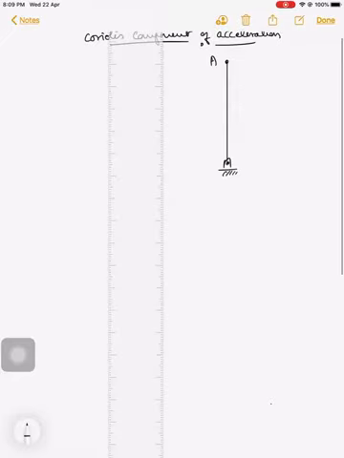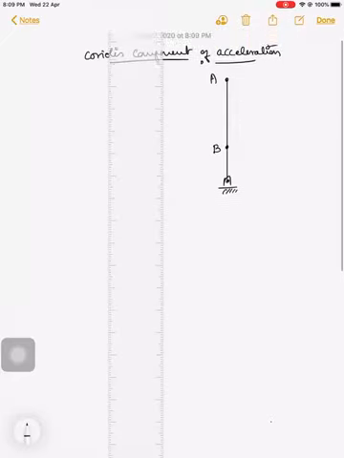On this link, consider a point B, which is here considered as the slider.